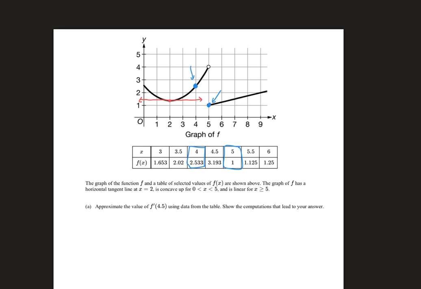So do we really want to find the slope of that line that connects those to approximate the slope at 4.5, which is right around there? We can see the slope of the tangent line is something totally different than that line. And the reason is because we don't want to use this point that came from the other side of some jump discontinuity. It doesn't make sense. So we're not going to use that point (5, 1) because it just doesn't make sense.